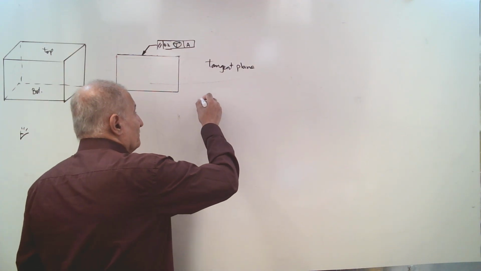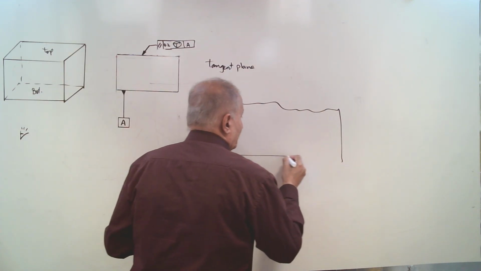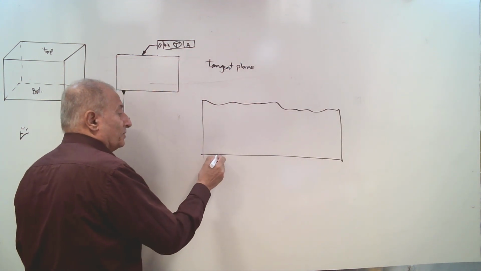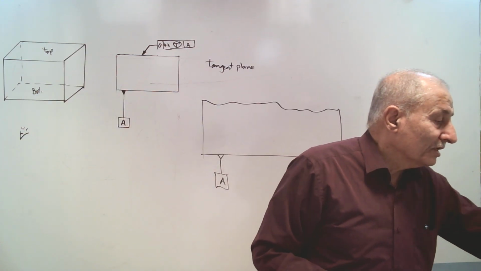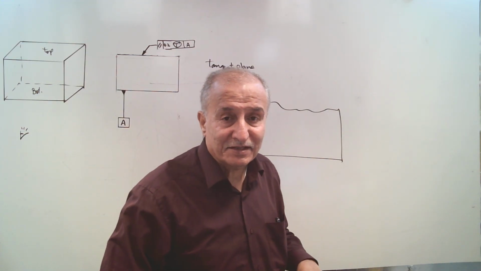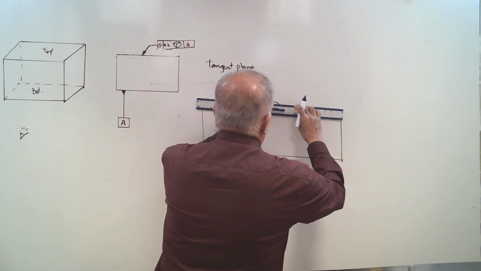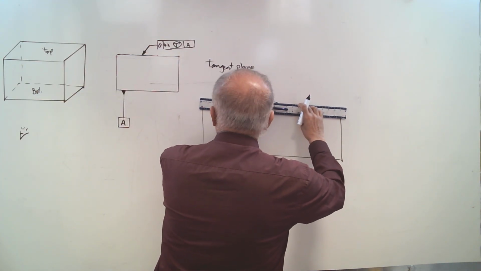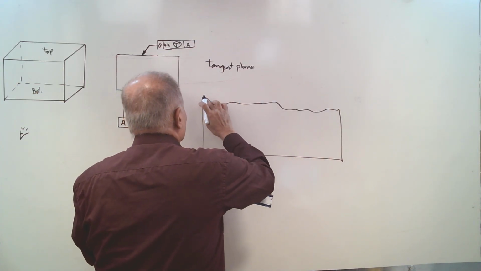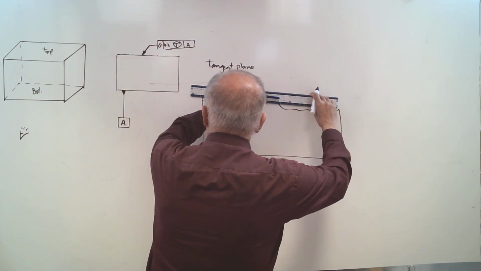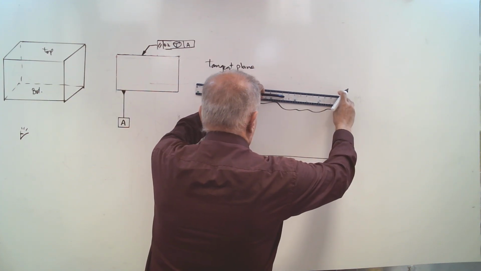Assume that this is the real surface, and you want to check its parallelism with respect to this datum. Then what you do is use a perfect flat surface and put it on the top of the surface, something like that. I bring it a little higher, so that it can contain all of them.